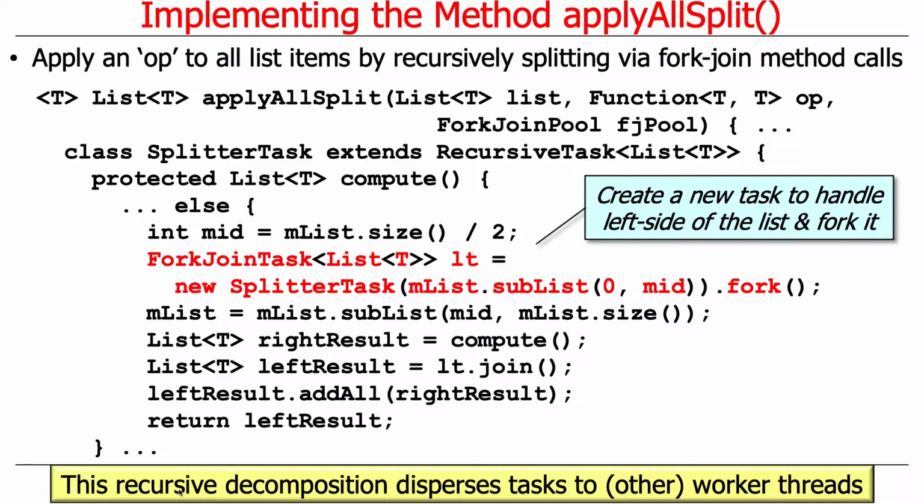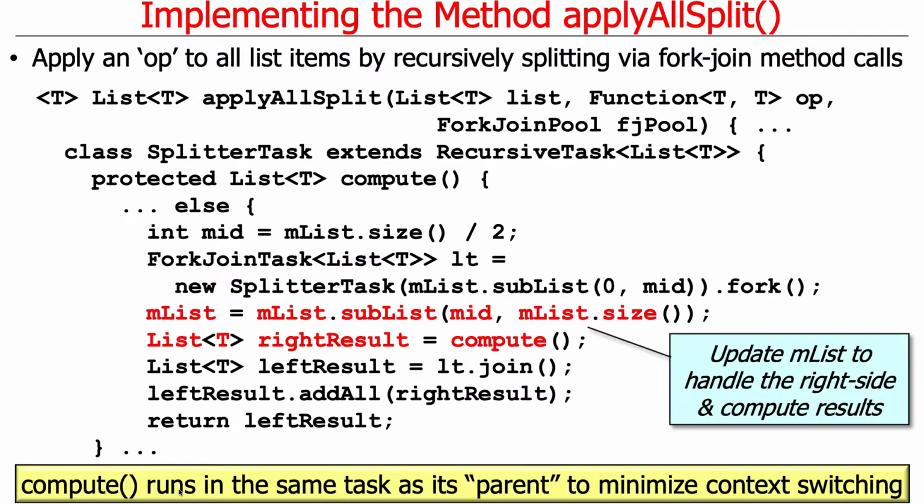So remember what fork does: when we fork it, that arranges to place this thing into the current worker thread's deck. And then, of course, it'll most likely be stolen by some other thread. So the left-hand side is sublisted, a subset, if you will, and forked, which puts it on the deck to be processed by some thread in the pool.